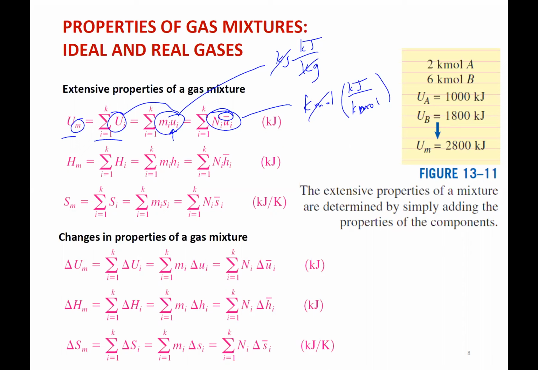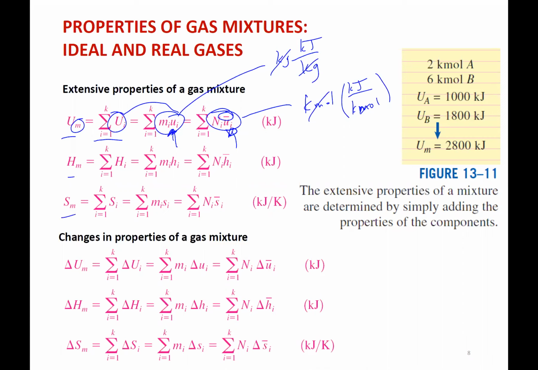When we deal with reacting systems, a lot of times we deal with moles because we have chemical balances of moles. In chapter 15, we're balancing a reaction, so the moles are more readily available than the mass, and we use this version. In the earlier chapters, we used more of the mass because that was readily available. All right, so we can do this same process for enthalpy and entropy.